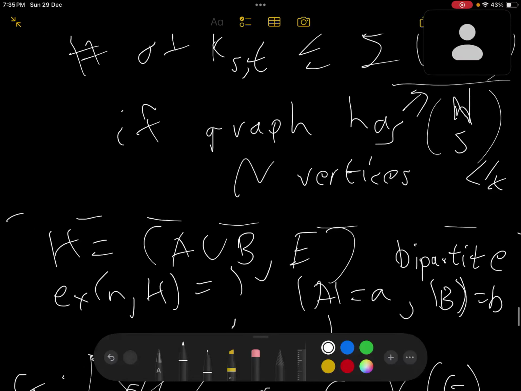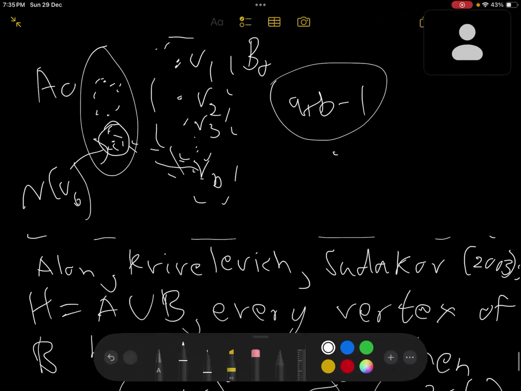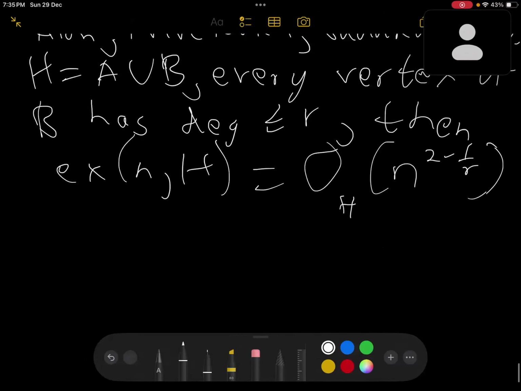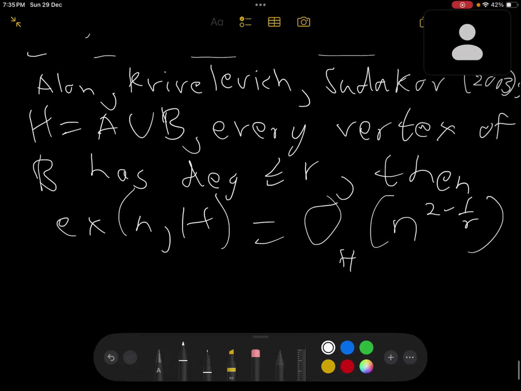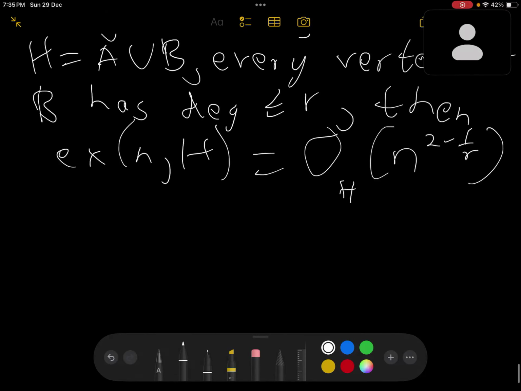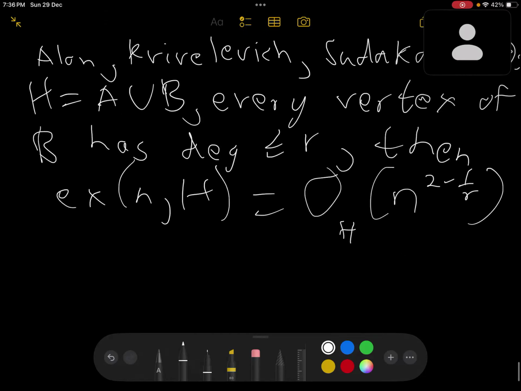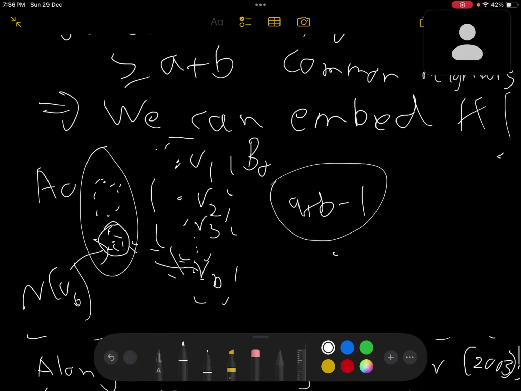So this property is satisfied for the complete bipartite graph, and that gives the above bound. I think it's called the Zarankiewicz bound or something. It's very hard, but doesn't matter because Alon has a better bound for us. And how do we prove this? Well, all we have to do is find an A0.